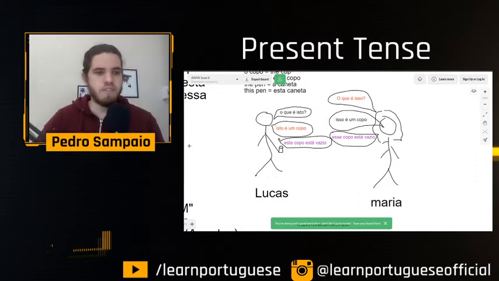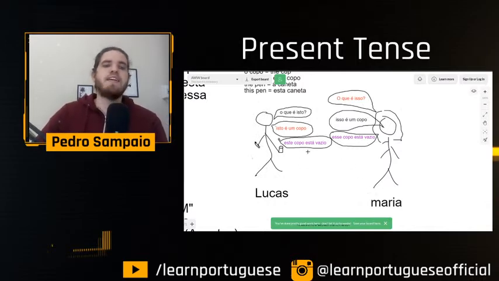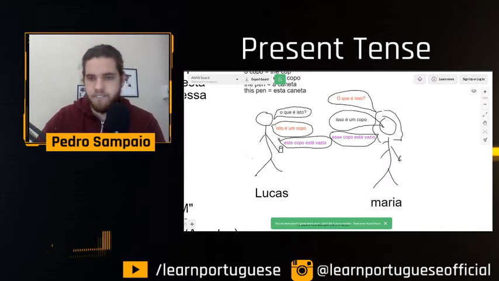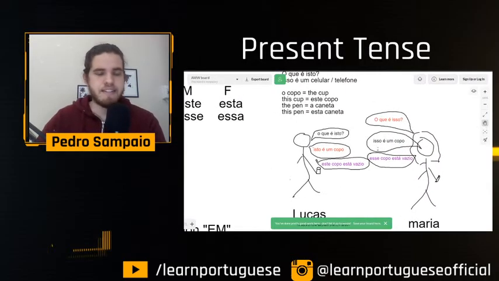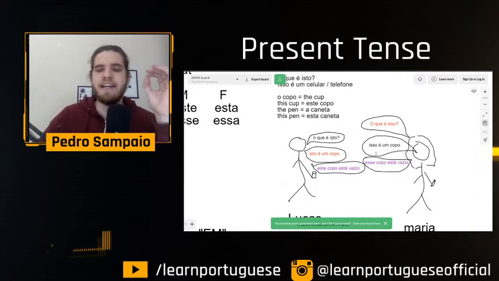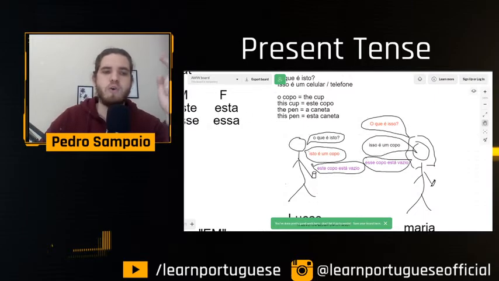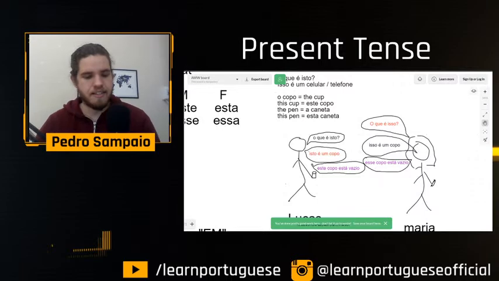Let's say, on the other hand, Lucas is holding a pen. So imagine this is a pen. I'm not very good at drawing, as you can see. Imagine it is a pen. Lucas would say the same thing. Let's put the pen on Maria's hand. Pen. Beautiful. So Maria would say, so you guys can tell me this time maybe, this pen is red. What would she use? Esta or essa? Can you guys tell me the whole sentence?